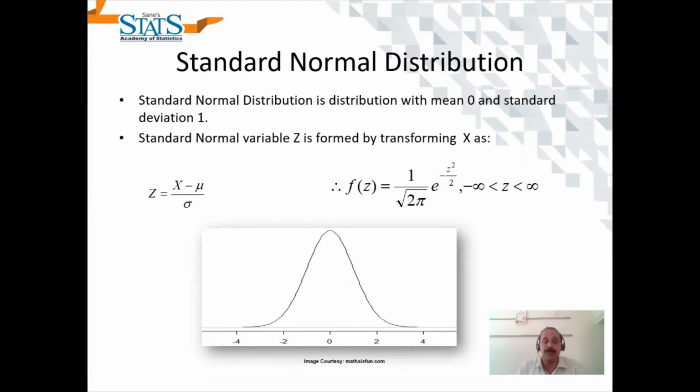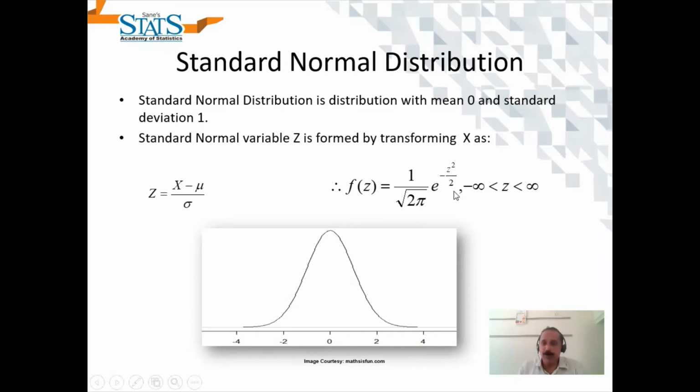Z is equal to x minus mu upon sigma. The expression of f of Z changes to 1 upon under root 2 pi e raised to minus z square upon 2. We can easily prove that mean for this distribution is 0 and standard deviation for this distribution is 1.